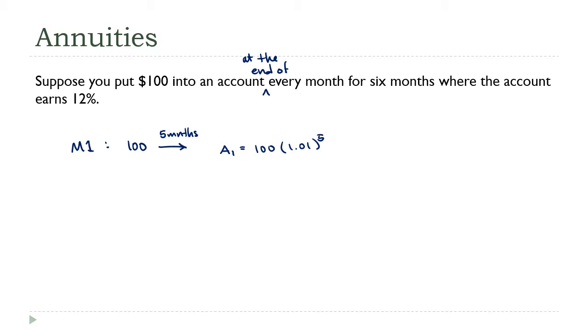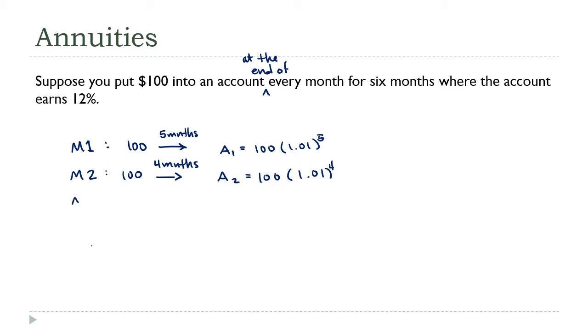Now let's think about what happens next. At the end of month 2, you put in another $100, and that's going to earn interest for 4 months. So again, going to our old friend, the compound interest formula, this $100 ends up being worth 100 times 1.01 to the 4th power.